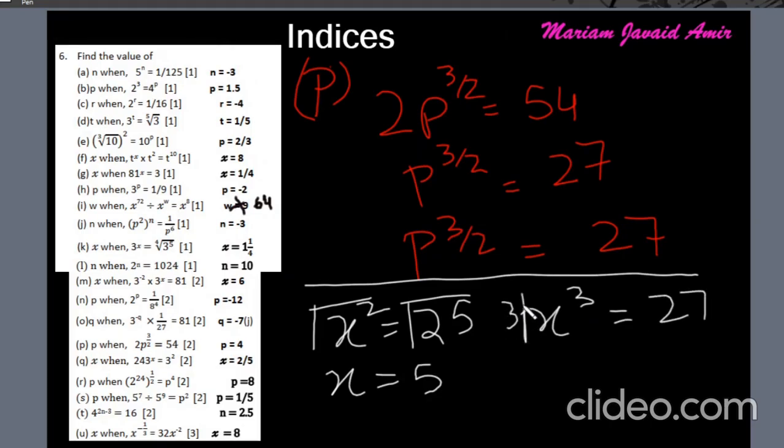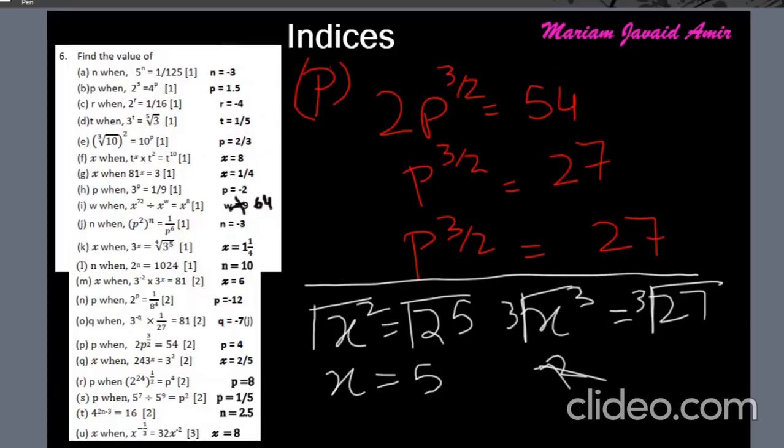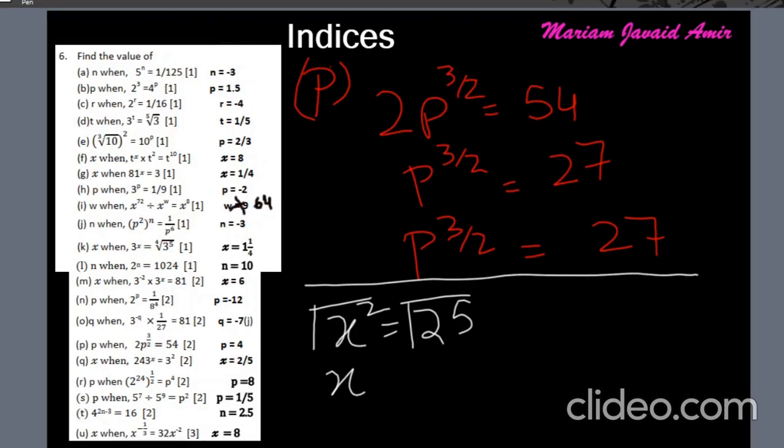Then we take cube root on both sides and we get x equals cube root of 27, which is 3. So what do we actually do here? We are actually multiplying the power 2 with the opposite power so that we get 1.